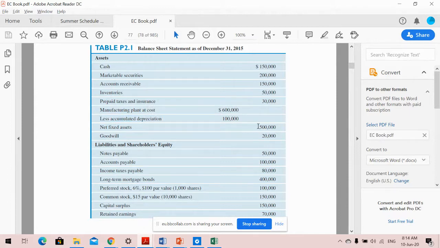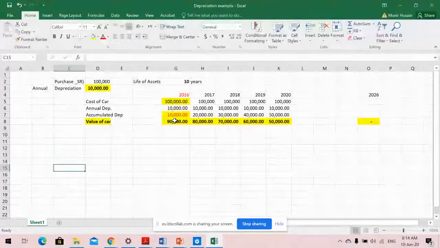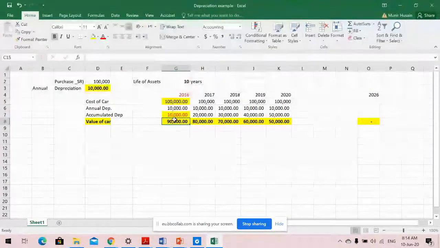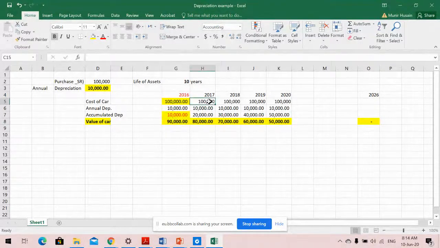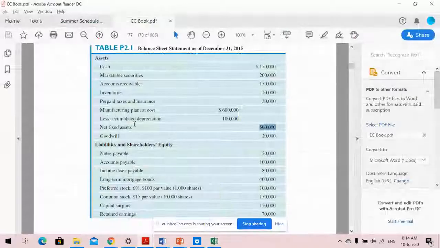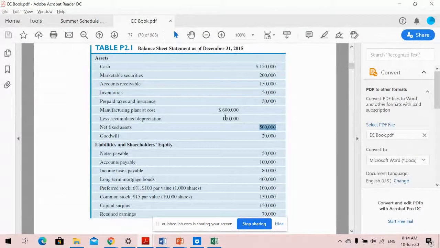This is the net fixed asset value, 500,000. This is similar to what we explained: 100 minus 10, or 100 minus 20 is 80,000. The same way here, 600 minus 100 is 500.